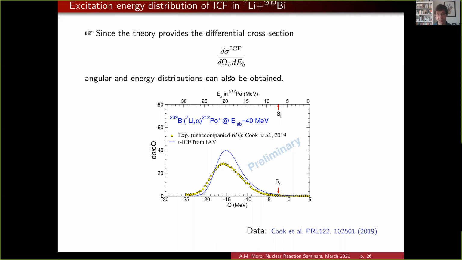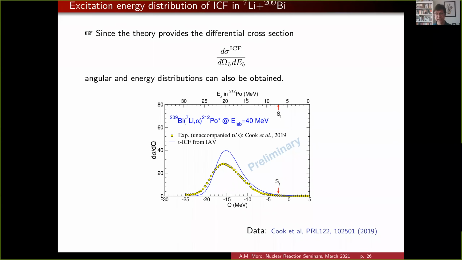And this is what I tried to do here, again, to compare with the data from Caitlin Cook from this publication. This is the same reaction I have shown before at a specific energy, 40 MeV, but this is plotted as a function of the Q value or as a function of the excitation energy in the compound nucleus that is supposed to be formed for the Triton capture.